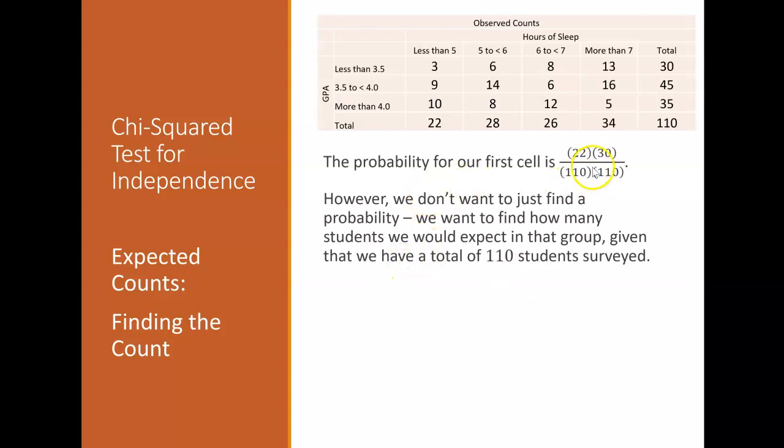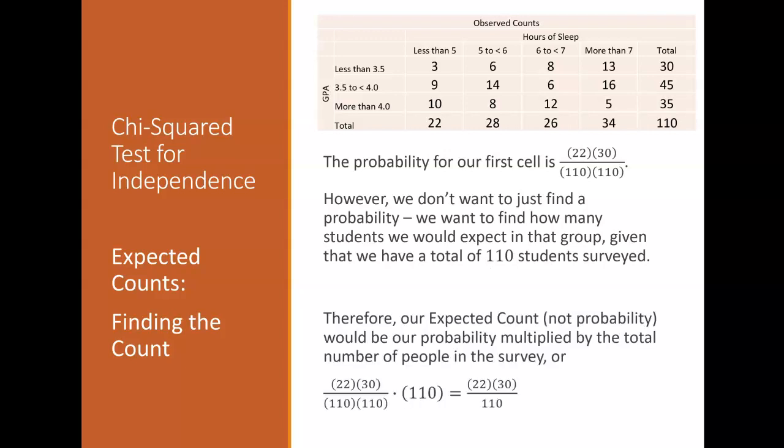So what I'm going to do is take that probability and multiply it by the total again, right? Because that'll give me how many students I'd expect to meet both of those two criteria. So this would simplify down to just 22 times 30 over 110. Or really what we have is column total times row total divided by overall total.